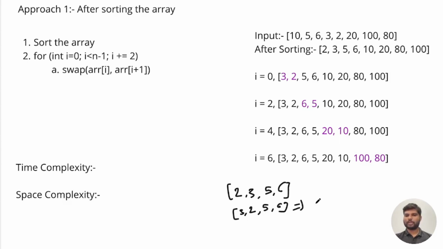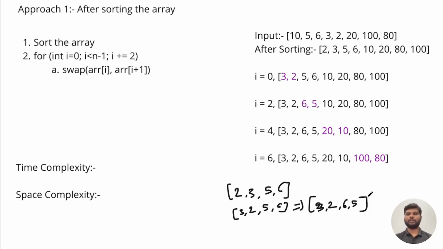We get 3, 2, 6, 5. Now the first element is greater than the second, which is smaller than the third, which is greater than the fourth. We repeat this action on all pairs of numbers and finally get our wave array. Hope you got the intuition behind this approach.